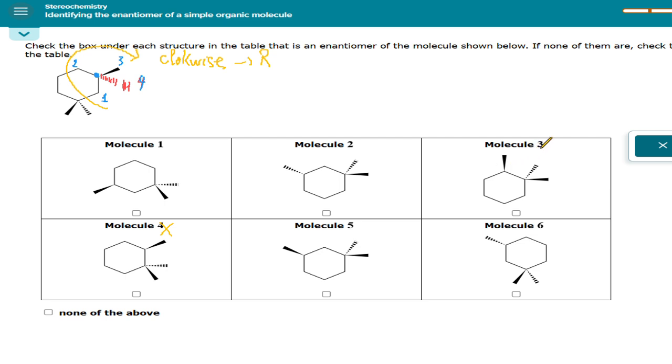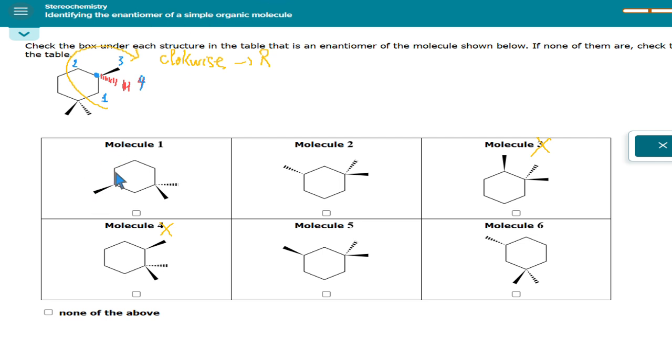Same thing for molecule 3. So I can rule out those two. Then I have molecule 1, molecule 2, 5, and 6. So those could be enantiomers. I just have to check if they are S. So if they have S configuration, they would be enantiomers. But if they have R, it will be just the same molecule.